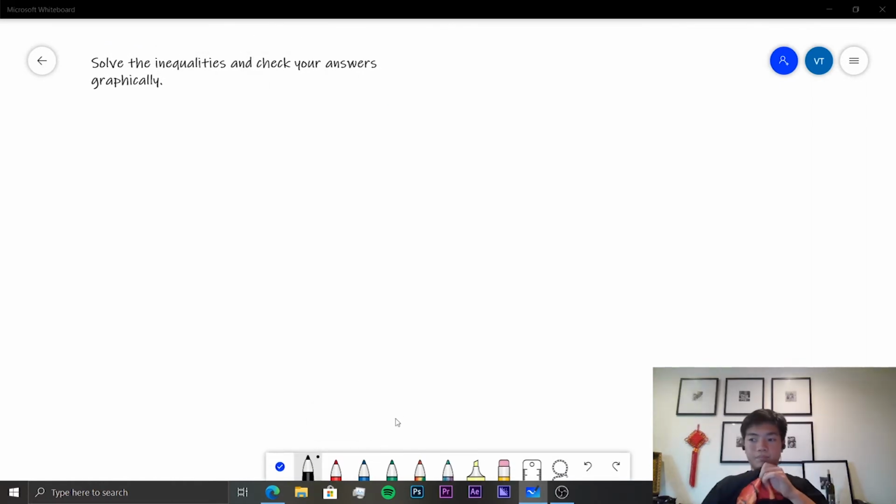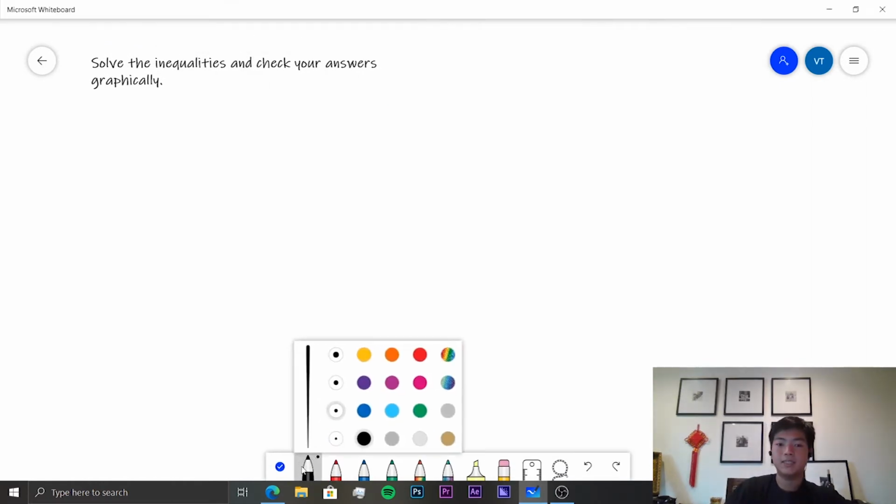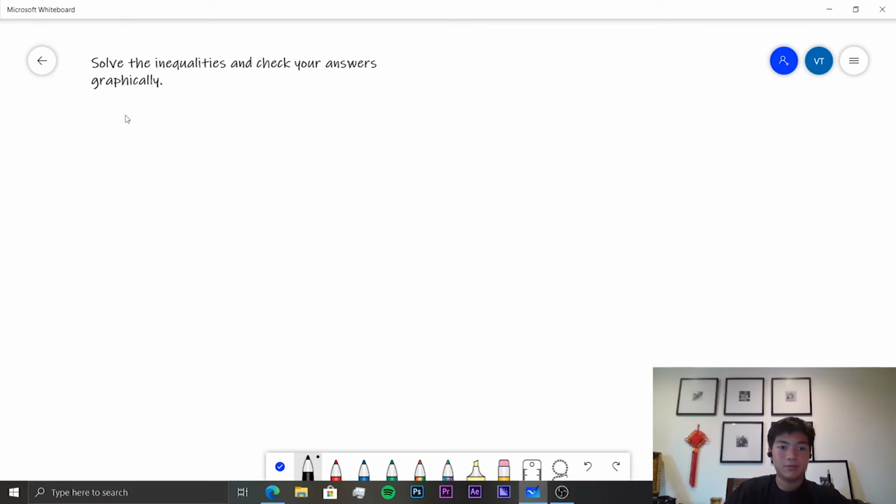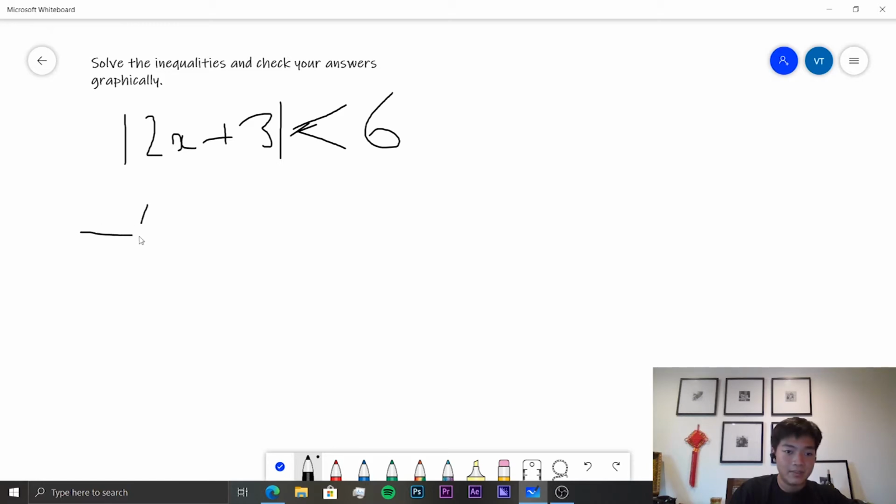So the first inequality we want to do is the absolute value of 2x plus 3 is less than or equal to 6. Okay, so in this case, we know that negative 6 must be less than or equal to 2x plus 3, and that must be less than or equal to 6. This is the inequality we get.